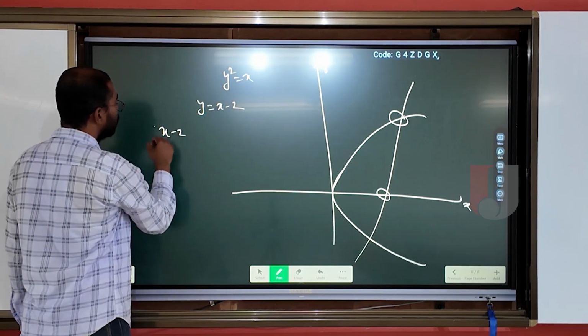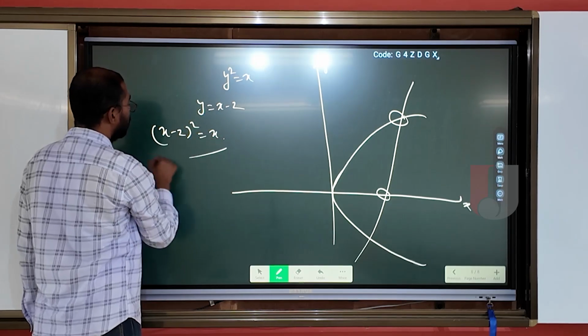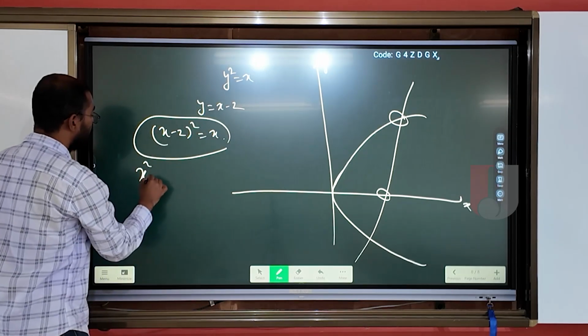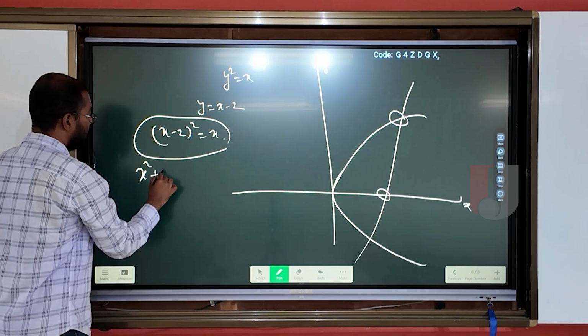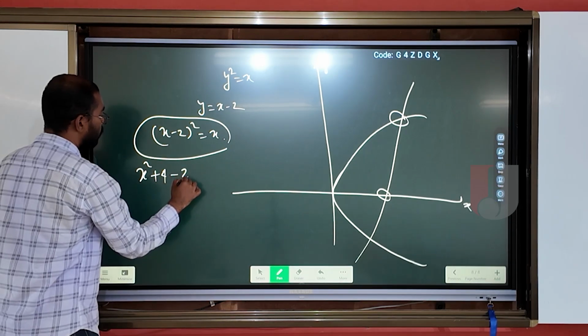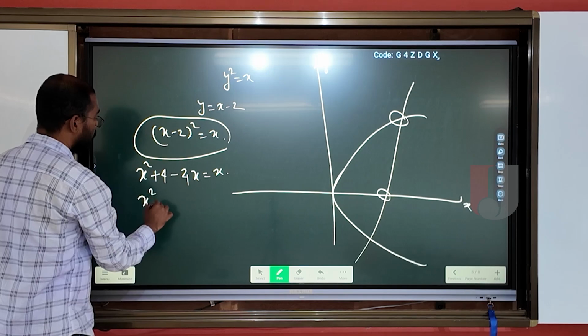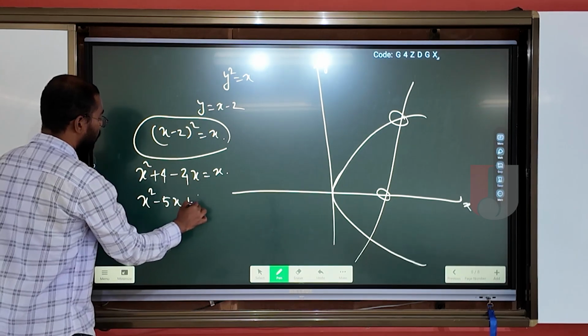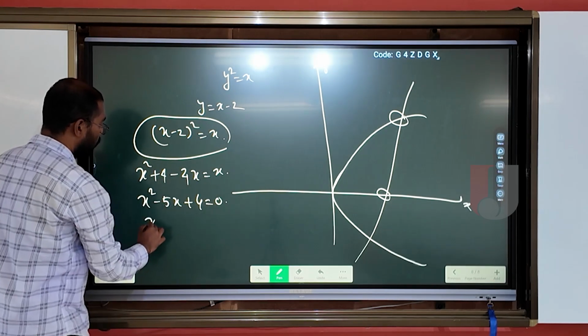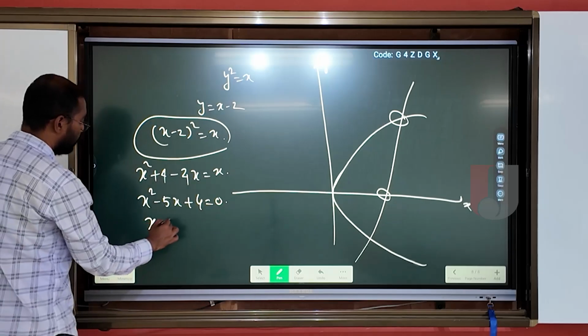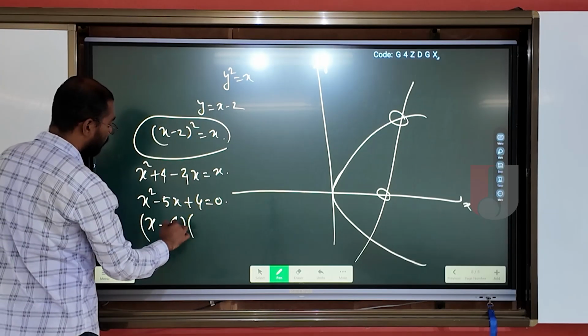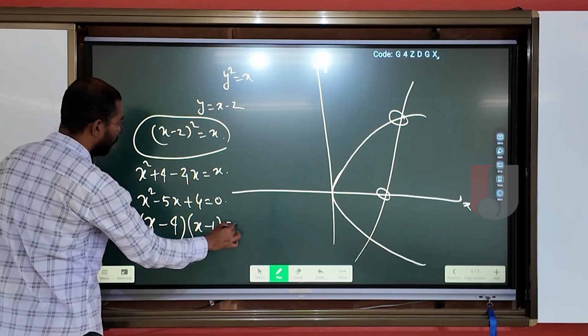So your x minus 2 whole square equal to x. If you simplify, that is x square plus 4 minus 4x equal to x. So your x square minus 5x plus 4 equal to 0. If you simply do middle term splitting, x minus 1 into x minus 4 equal to 0.